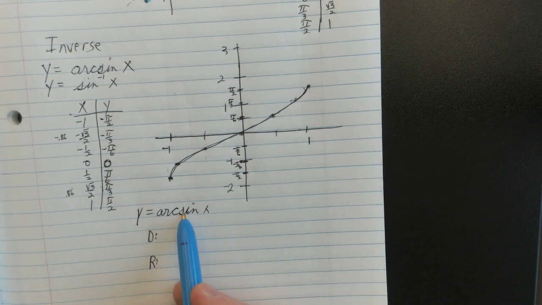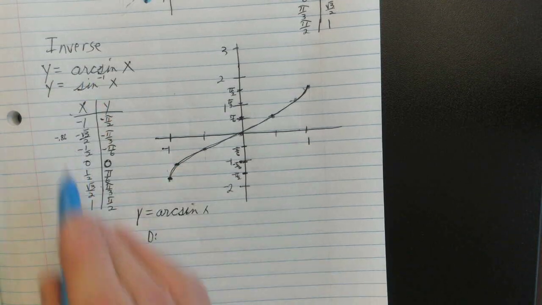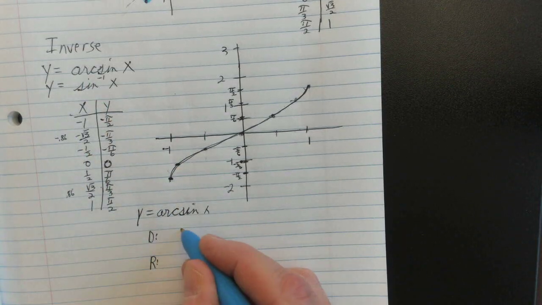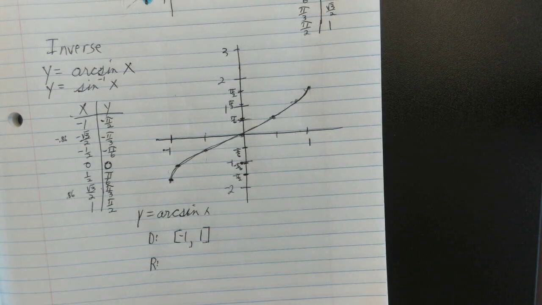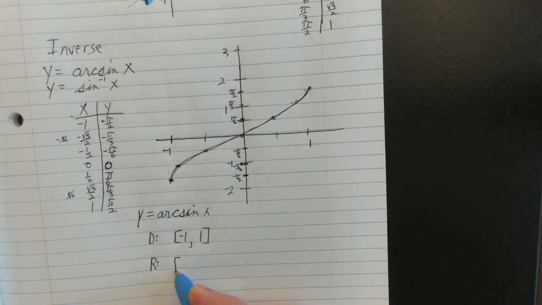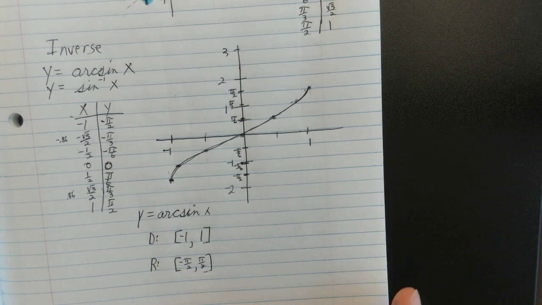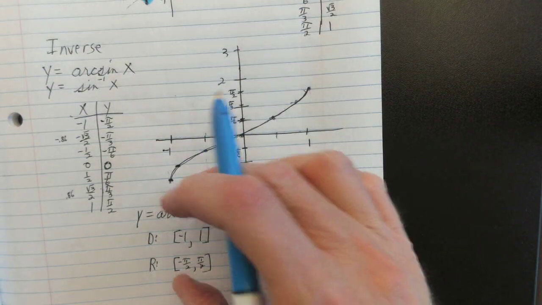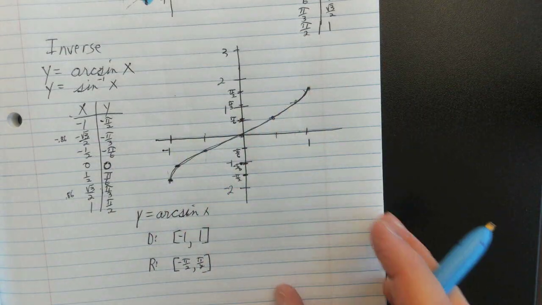What's the domain of arc sine or inverse sine? Inclusive, so we'll go hard brackets there. Very good. And what is the range? Correct. Good. All right. I do want you to know this. Okay, and then kind of the shape.